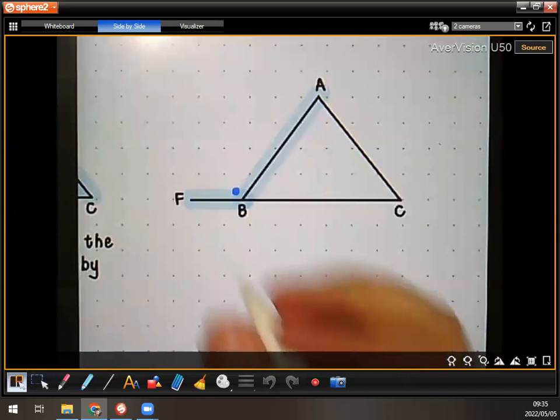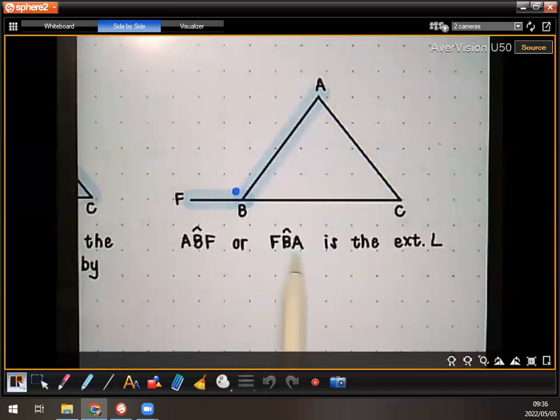Okay, so now the exterior angle that we have here is at point B. So when we name that angle, the B must be in the middle. Let's quickly highlight the lines that are forming that angle. It's AB and FB. When we are naming this angle, the B has to be in the middle and the A and the F must be on either side.